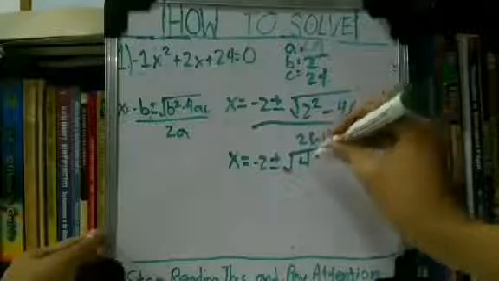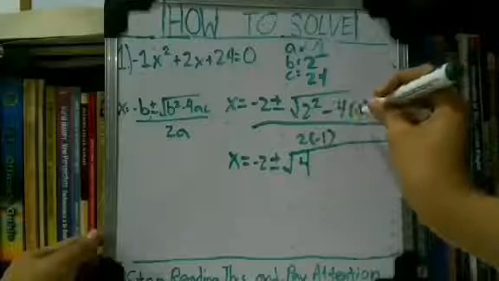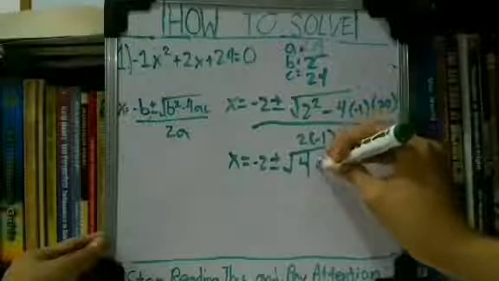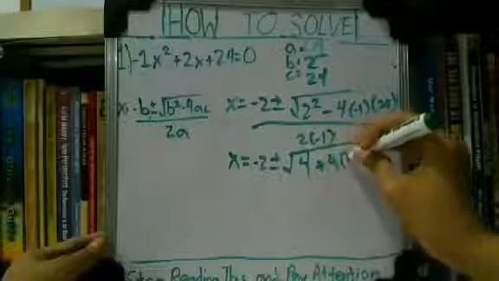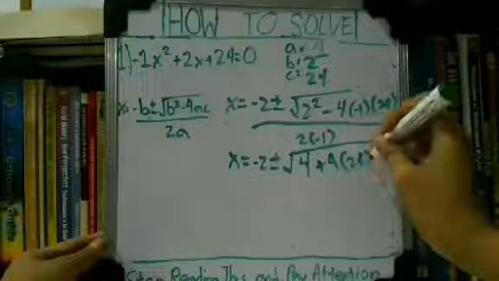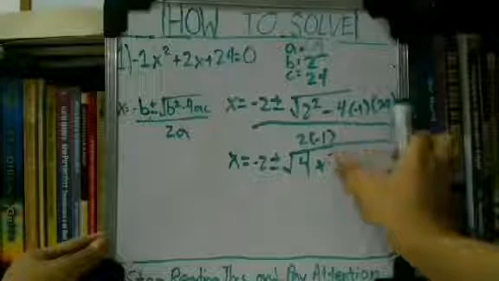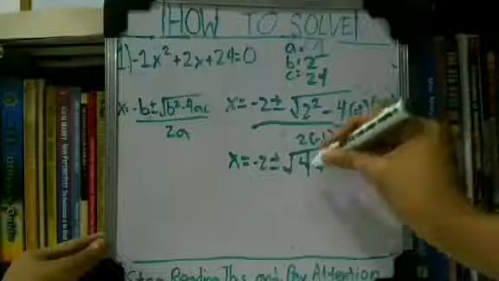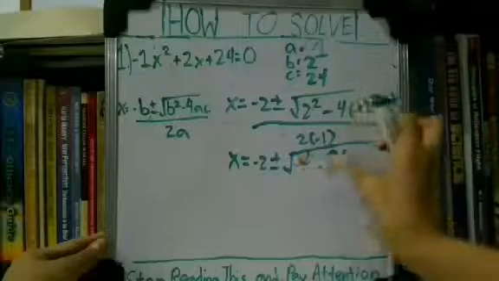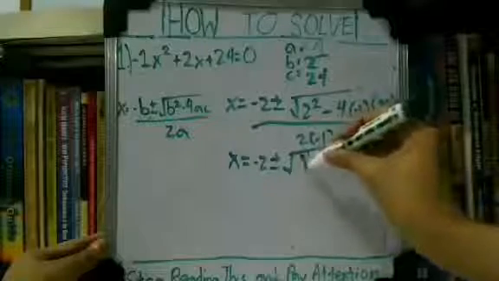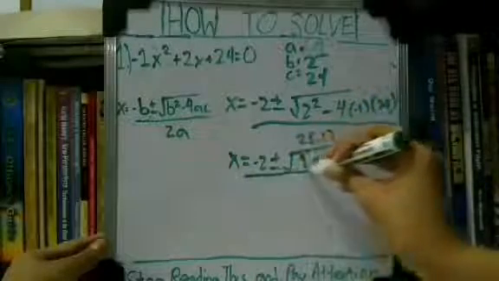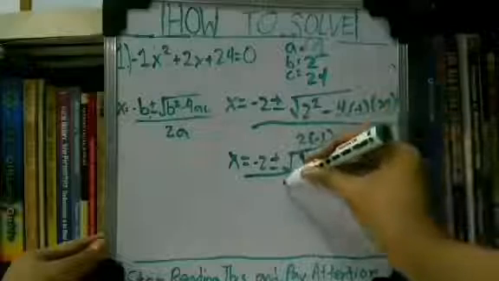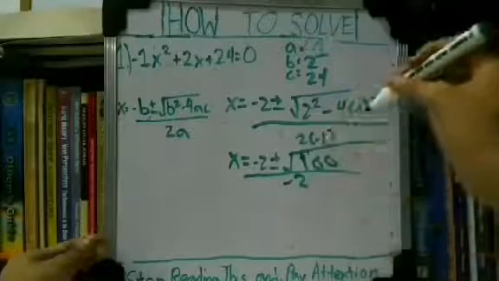And then we have negative 4 multiplied by negative 1, which is equal to positive 4. Times 24 makes it 96, or positive 96. And lastly, add that to 4 again, making, guess what? 100, obviously. And then after that, 2 times negative 1 equals negative 2.